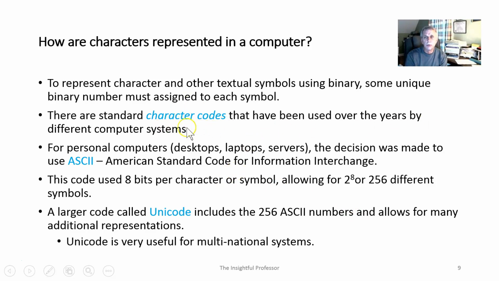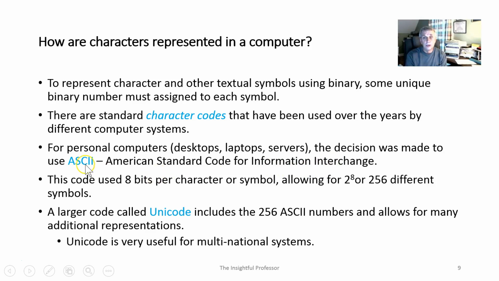And over the years, computer systems have adopted a variety of different character codes. There's something called EBCDIC, there's something called BCD, there's something called ASCII, and Unicode, and so forth. Number of different systems. The one that's been standardized for use with PCs, such as desktops, laptops, servers, and then even going into things like tablets and your smartphones and so forth, is ASCII, which stands for the American Standard Code for Information Interchange.